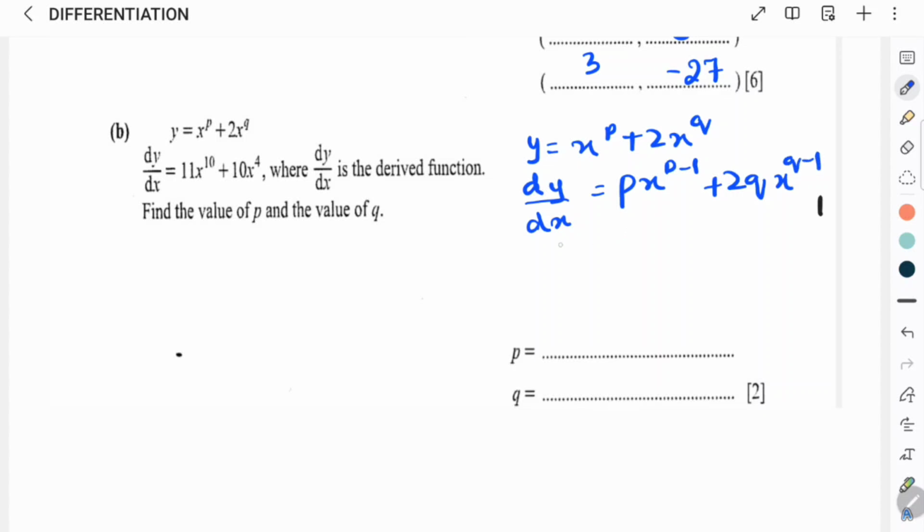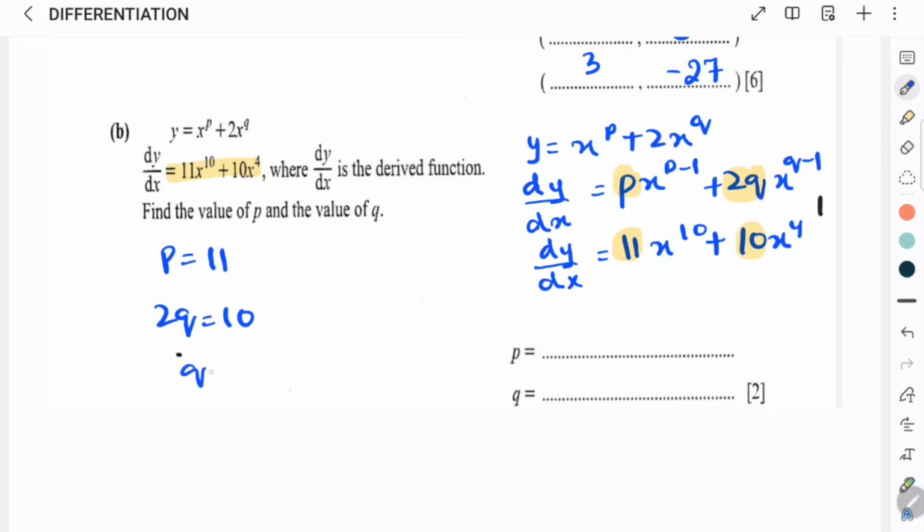And then they are saying dy upon dx is equal to 11x^10 plus 10x to the power of 4. Okay, we just compare: 11 is p and 2q is 10. P is 11 and 2q is 10. q is equal to 5.